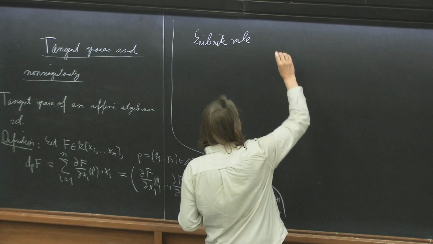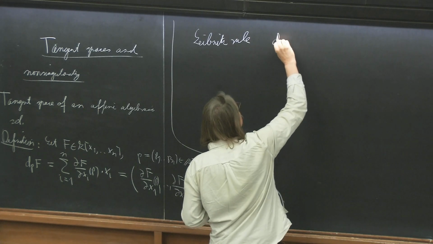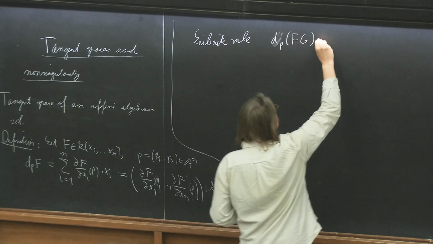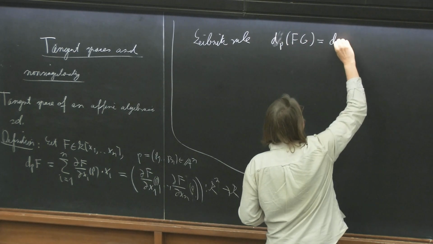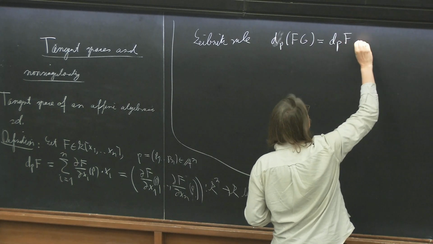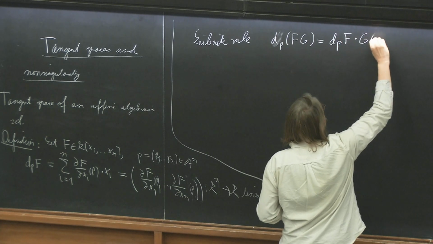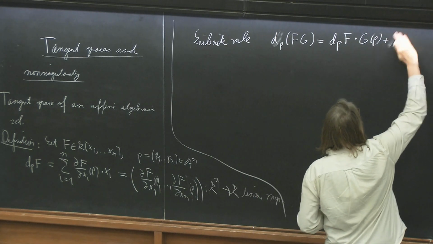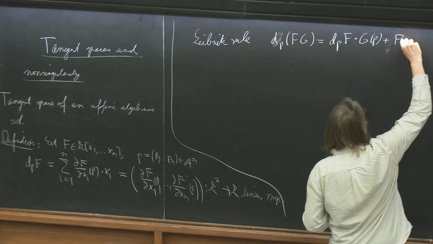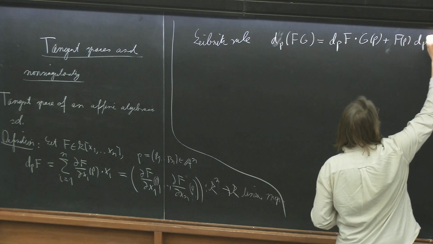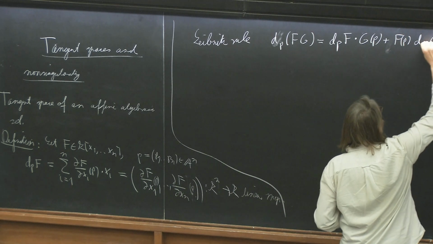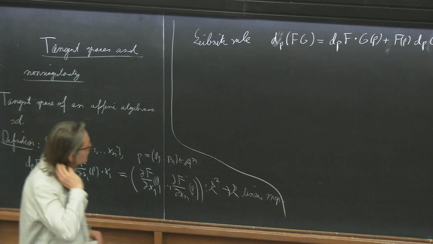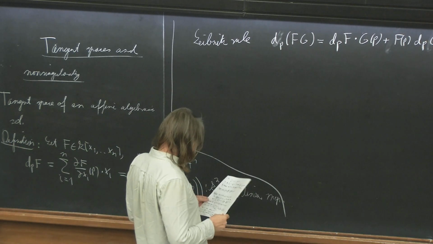Namely, that if I take the differential at p of a product of two polynomials, this is equal to the differential at p of f times the value of g at p plus the value of f at p times the differential at p of g. This can all be checked by straightforward calculation, and it's also standard.